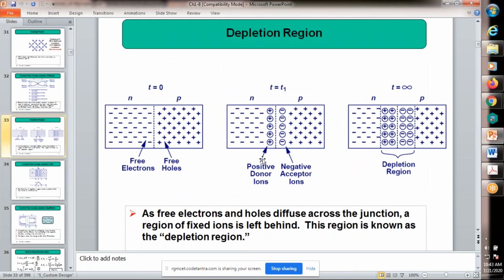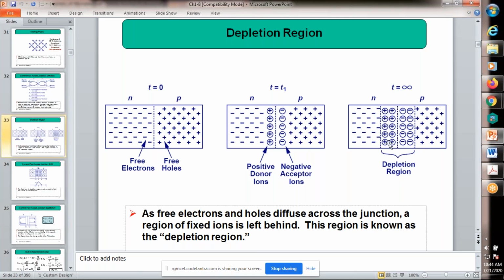During this diffusion process, positive donor ions are created on the N side and negative acceptor ions on the P side. As diffusion current increases, holes move from P type to N type and electrons from N type to P type. Now this region further increases.